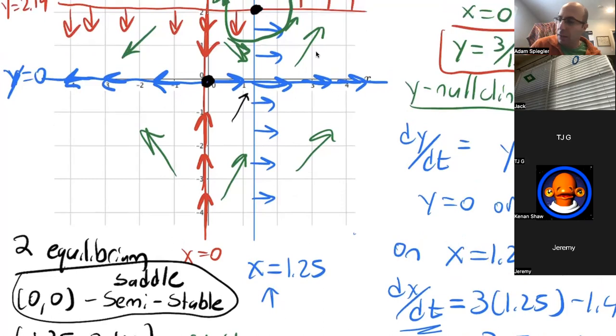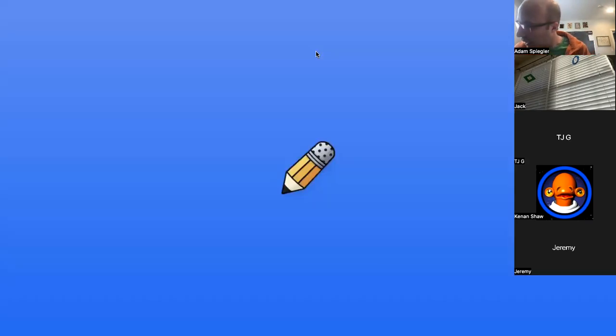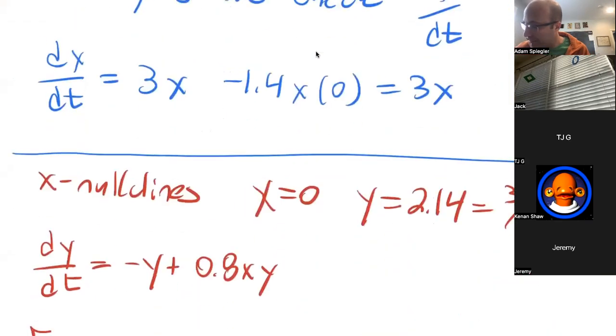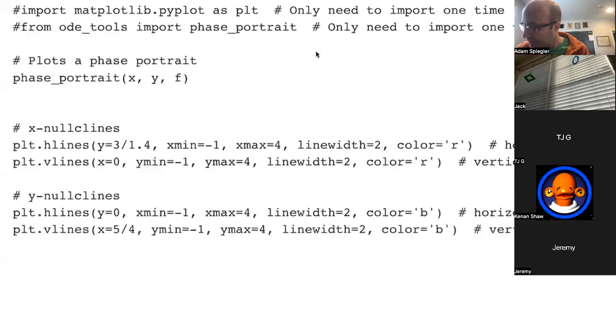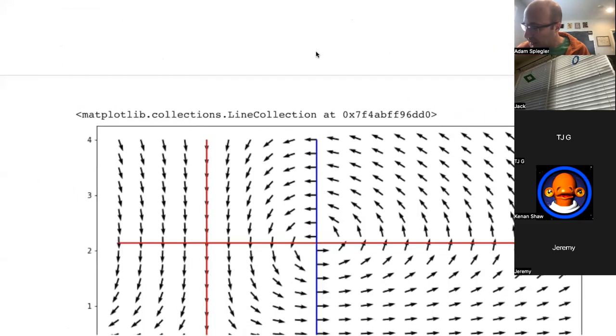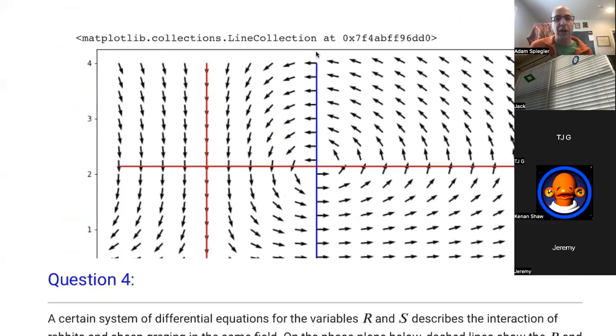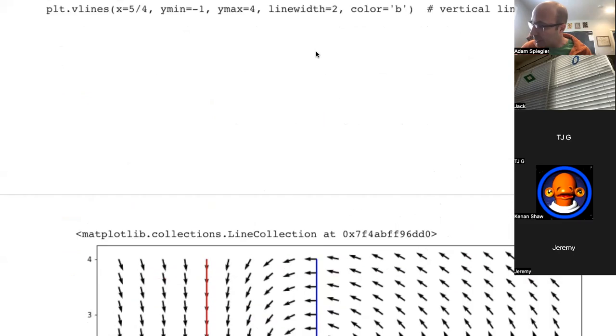And let me take a look at the, yeah. So over here, I've plotted the full slope field, and I added my nullclines here. I think I missed a nullcline, didn't I? Which one did I miss?